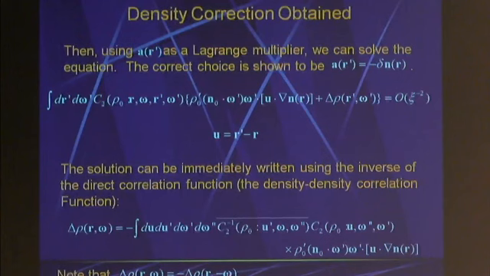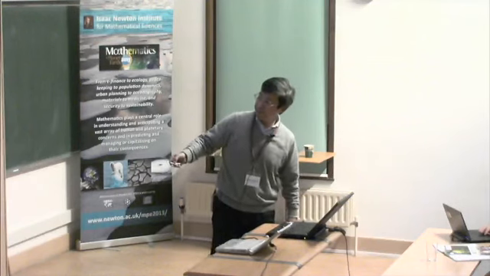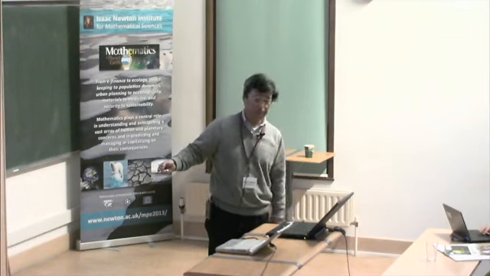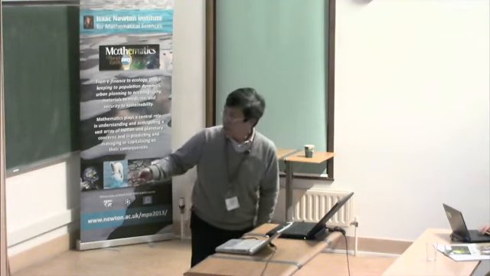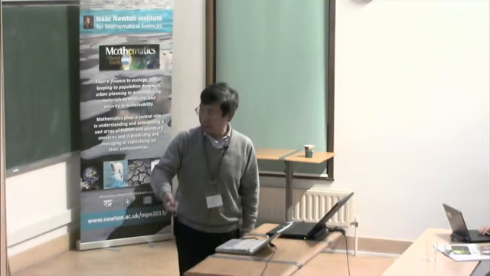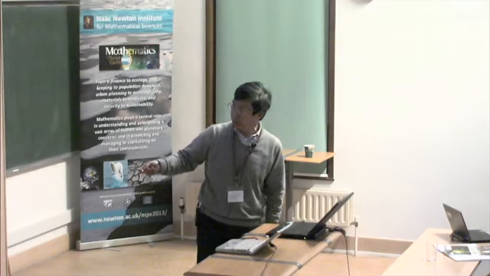An important feature of this density correction is that this is asymmetrical with respect to the inversion of omega. So when you change the omega by 180 degrees, it changes the sign.